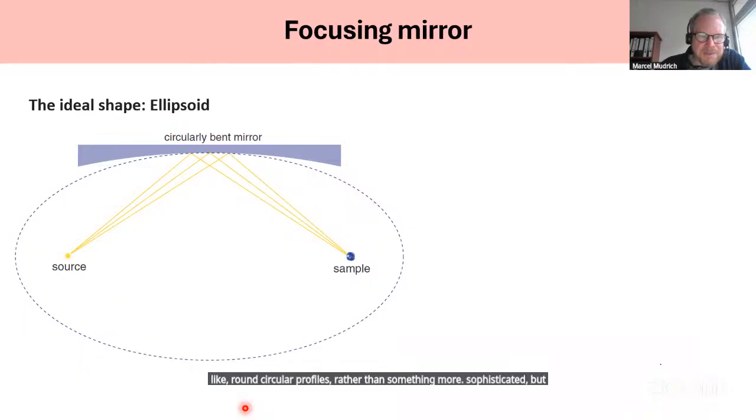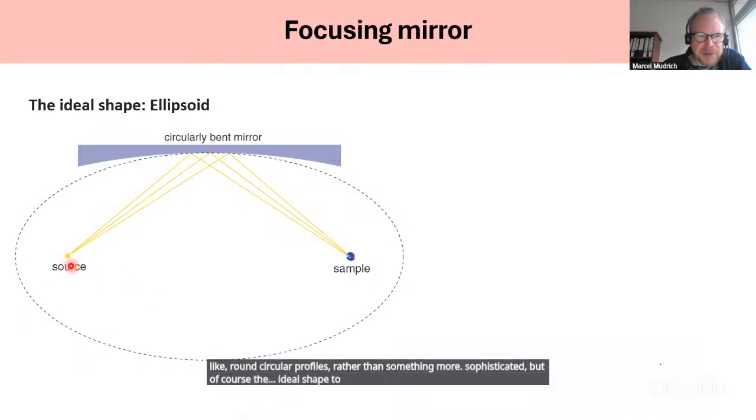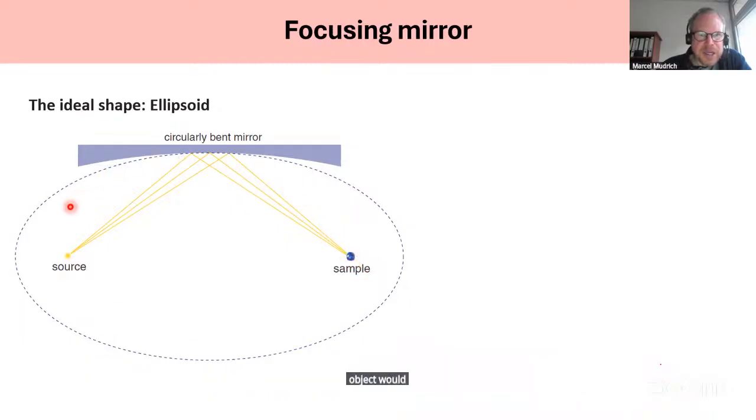But the ideal shape to get perfect focusing of a point source onto a point would be an ellipsoid, because only in an ellipse do you focus the light from one focus to the other focus. But as you can see here, a circularly bent mirror, like the toroidal mirror with a circular profile, is quite a good approximation, given that the X-ray beam is quite narrow and only illuminates a small part of it.